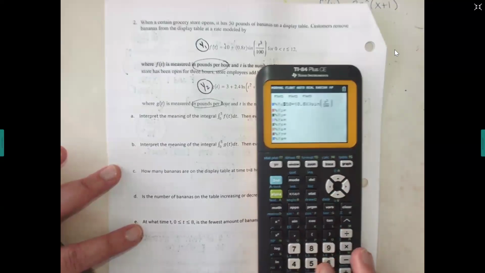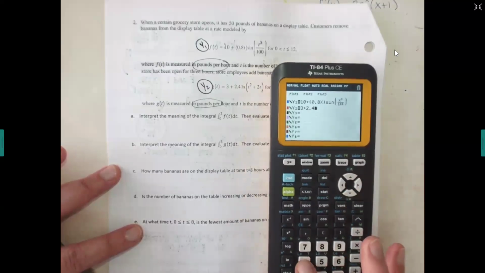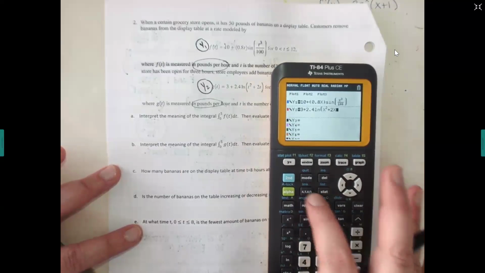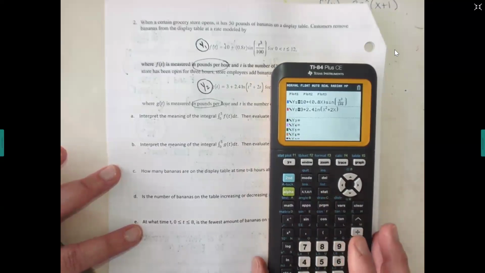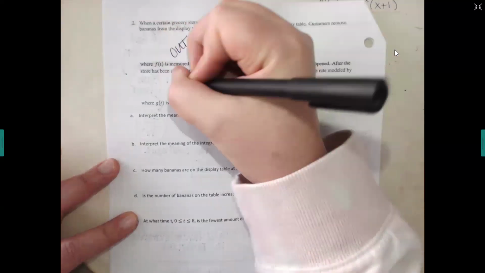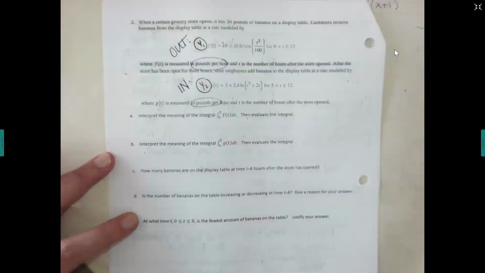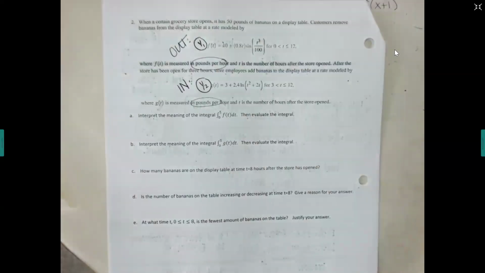Okay, for the first equation, which one is it, the in or the out, if it's the customers taking the bananas off the table? Okay, this is the out this time. And then this is the customers putting them back. So just make sure that you're careful. They're not always going to make it Y1 is in, Y2 is out. In this case, it's flip-flop, but it's the same idea.